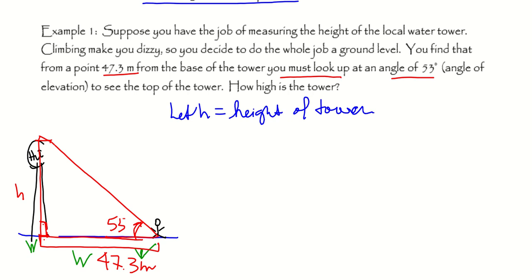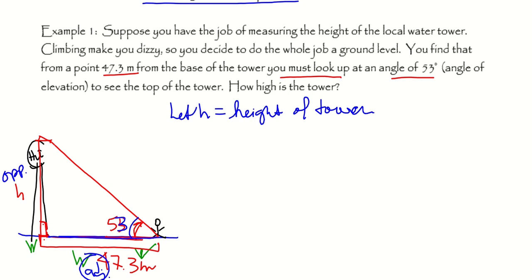What do I know about my tower? I know an angle, 53 degrees. This is my theta, and I know this side, which is the adjacent side to that angle. I want to write a trig function. Which trig function uses the adjacent side and the opposite side?